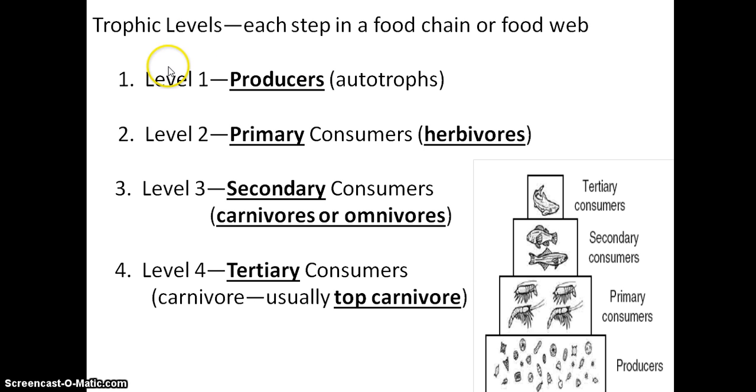What you need to notice about the levels is that because we start with producers, the number words like primary, secondary, and tertiary do not match their level. Primary is actually at level 2, secondary level 3, and tertiary level 4. So just remember when you're doing trophic levels, because you start with producers at level 1, the numbers don't match the words.